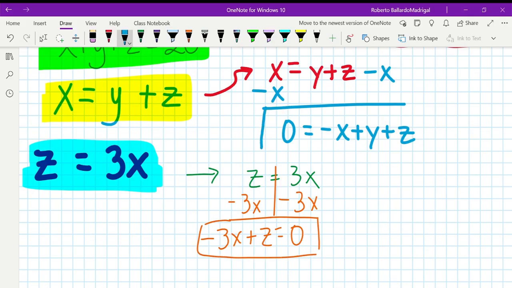So this that I'm boxing, these are your new rewritten equations. And I'm gonna put everything in a single system in just a second.